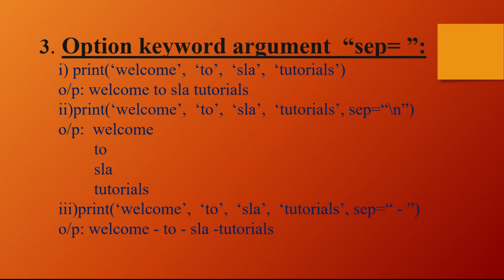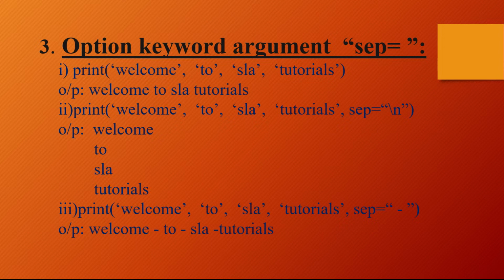Next, optional keyword argument sep. This keyword is used to separate the text whenever the comma is there. First, we'll see here print of welcome comma to comma SLA comma tutorials. Here I did not use sep keyword, so we'll get the output as welcome to SLA tutorials.